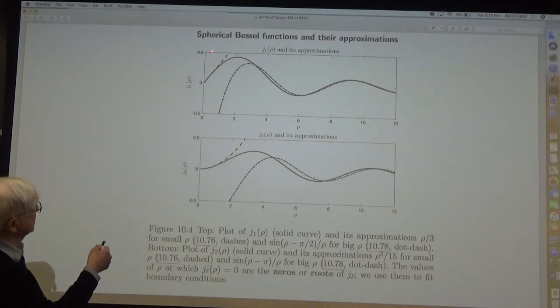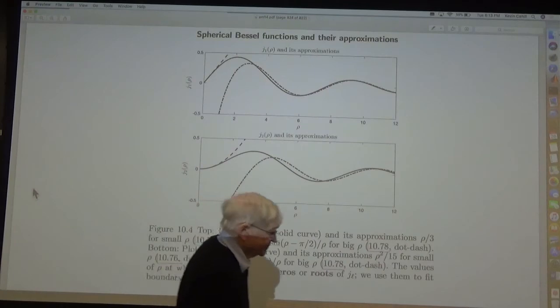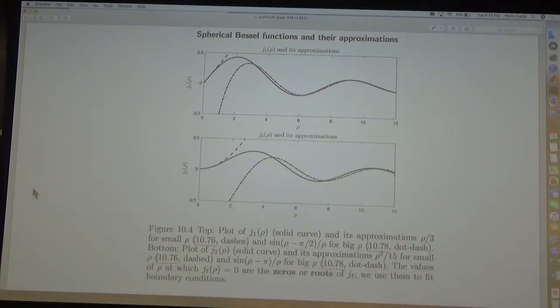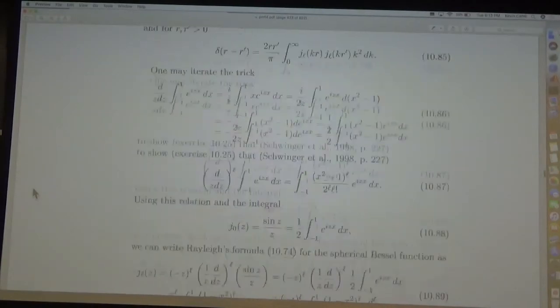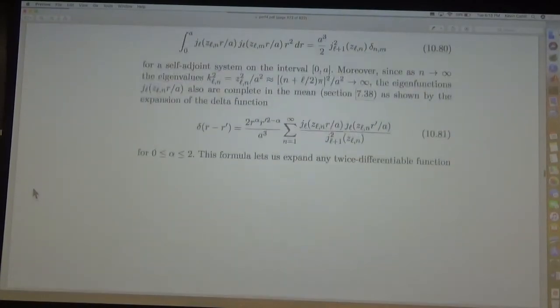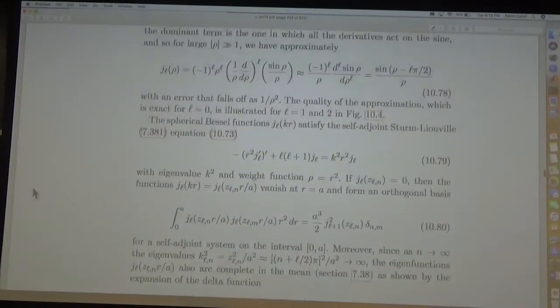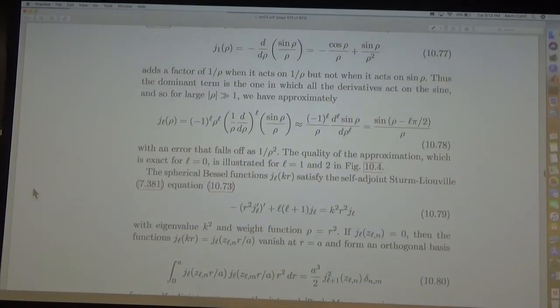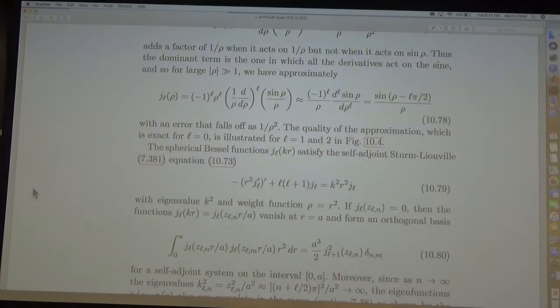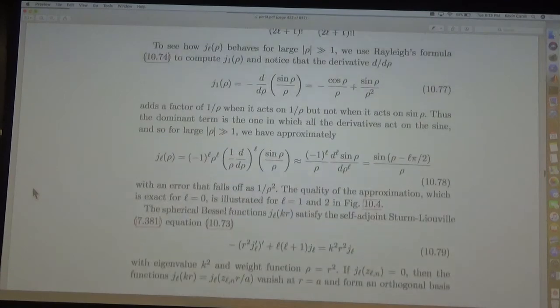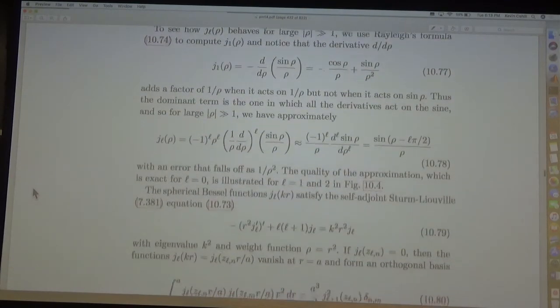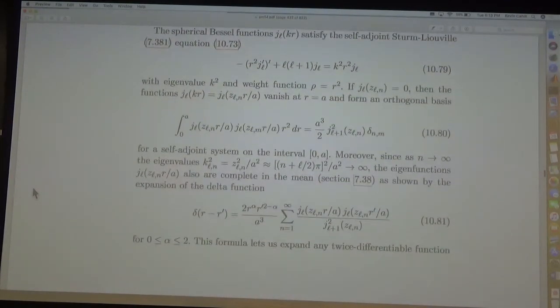The dashed ones are the approximations for small rho, and they're doing pretty well as well, essentially rho to the L. So let's see, I skipped ahead a bit there. So I think we're done with that.